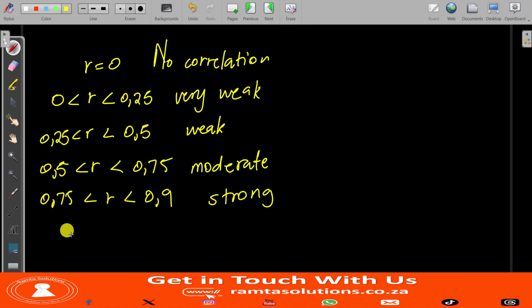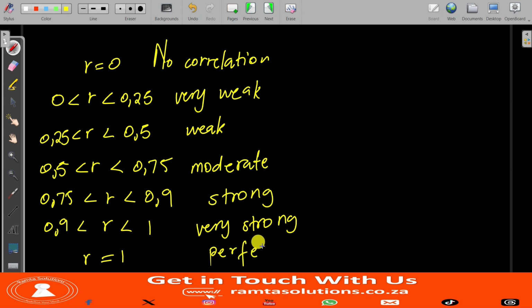Now, when it's greater than 0.9 but less than 1, it's not just strong, it's very strong. Lastly, when this R is equal to 1, it is a perfect correlation. Now, this is for a positive relationship.